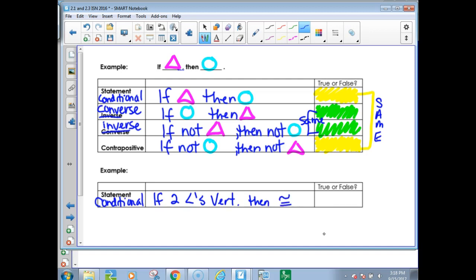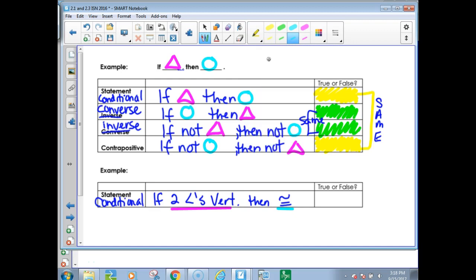Let's just do it nice and tight. I know that's not worded beautifully, but it serves our purpose. So in this statement, the hypothesis is two angles are vertical. And the conclusion is that they are congruent.